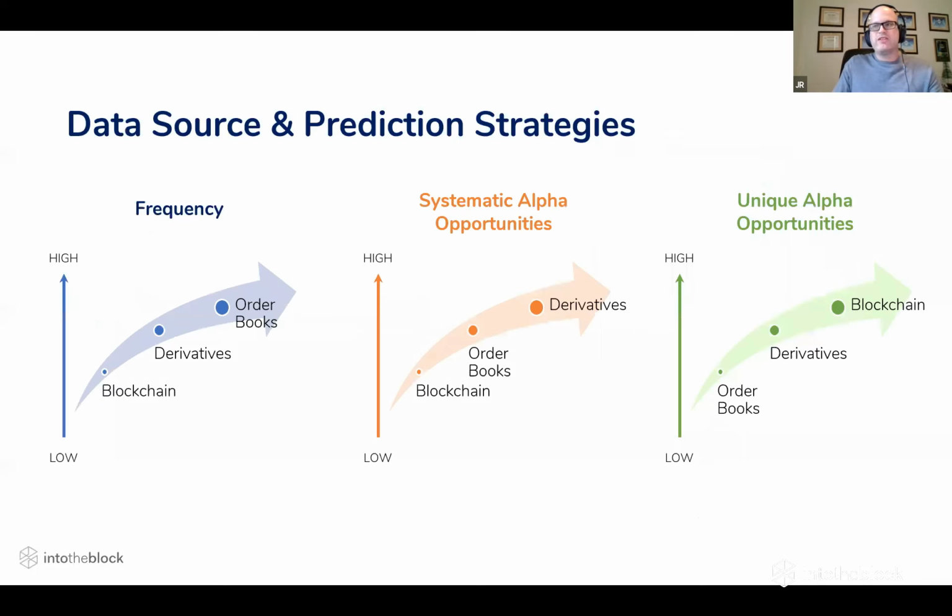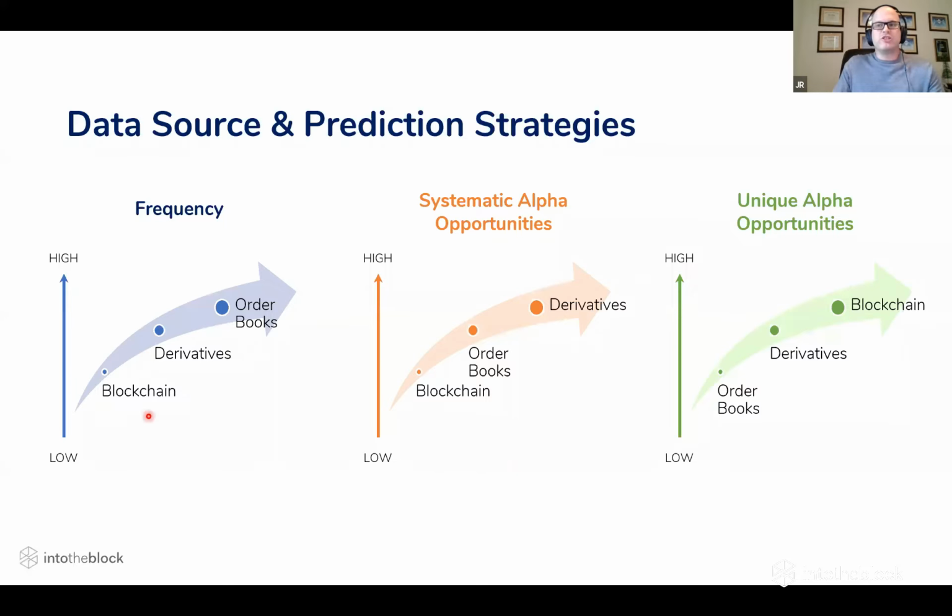The way we think about this, and this is important, is that if you're looking for predictions at a medium to high frequency, certainly order books offer the biggest possibility because there is a ton of movement there. Derivatives is getting there, but the volumes are still low, although increasing.